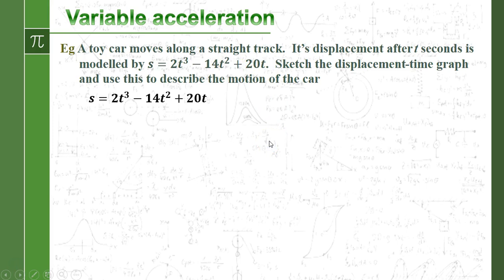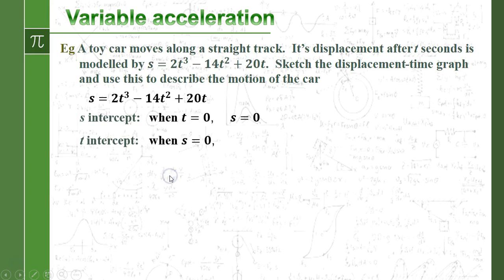So first thing I'm going to do is have a look at what that looks like on a displacement time graph, which essentially means we're going to have to plot this cubic. First I'm going to find the intercepts. When t equals 0, our s-intercept is 0, so it starts at 0. And then for our t-intercept, which is the horizontal axis, equivalent to the x-intercept, we're going to put s equals 0 and do some solving.